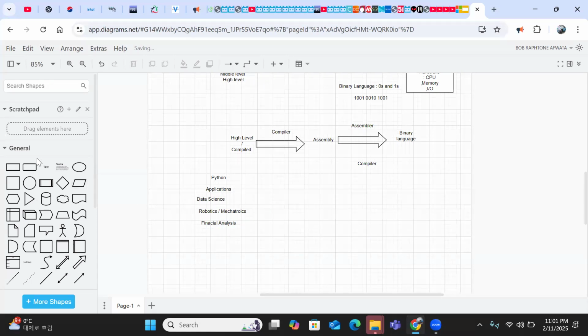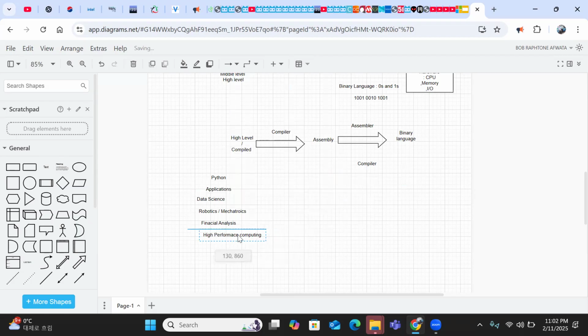Then we are also going to learn about high performance computing, which is used in scientific research.